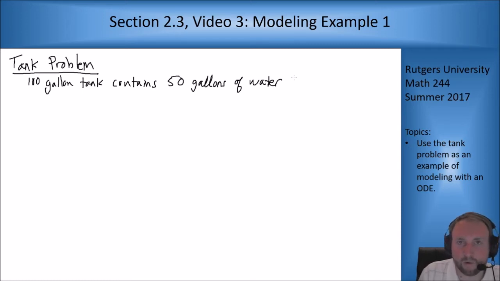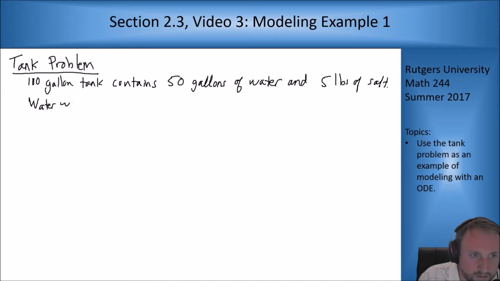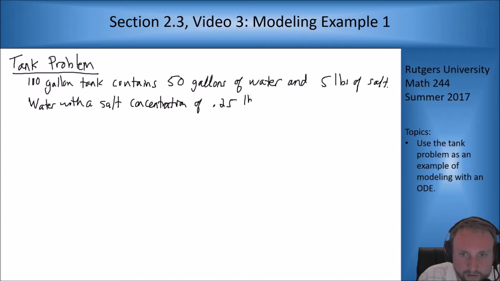And in that water is 5 pounds of salt. And now we're going to have water come into the tank, water flow out of the tank. We're going to analyze the amount of salt in the tank. So water with a salt concentration of 0.25 pounds per gallon.